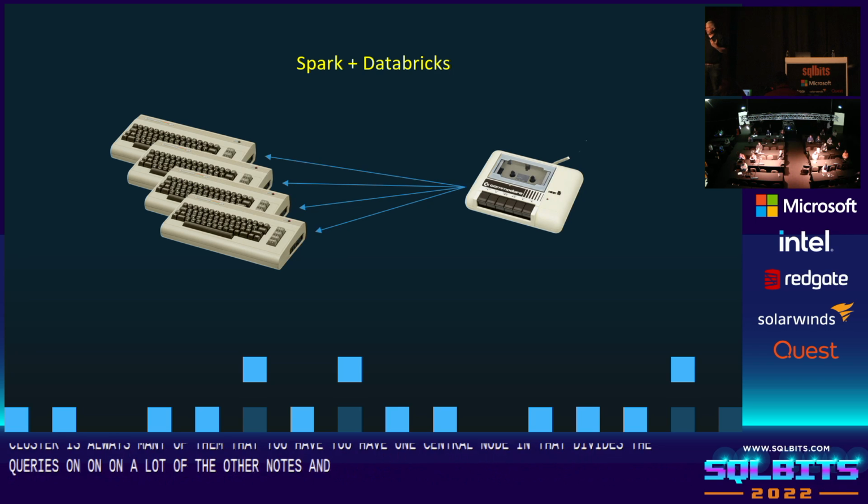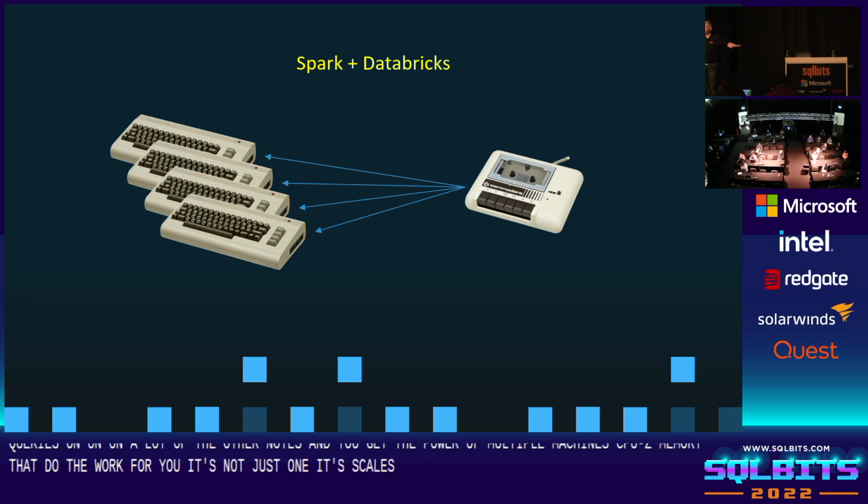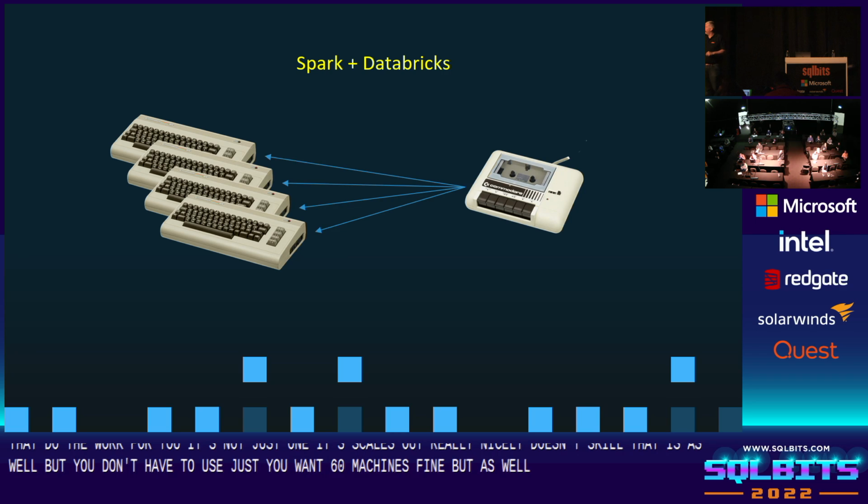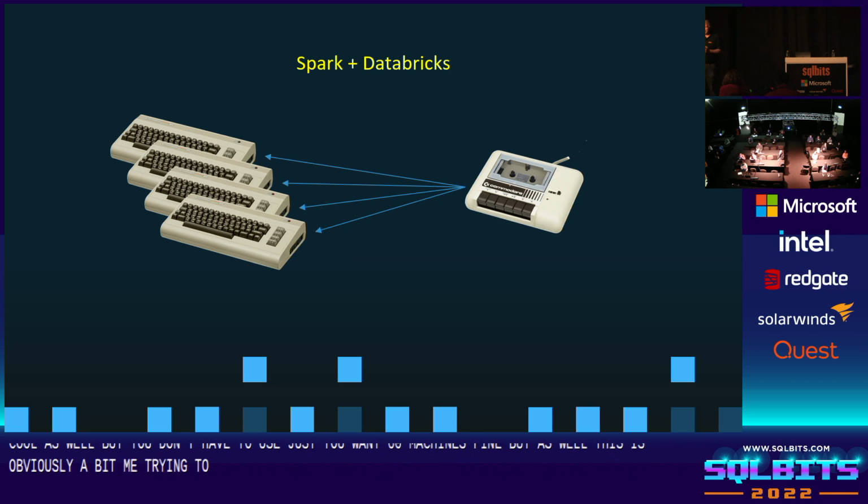You get the power of multiple machines, CPUs and memory that do the work for you. It's not just one, it scales out really nicely. It scales up as well, but you don't have to. If you want 60 machines, fine, works as well. Just create more nodes.